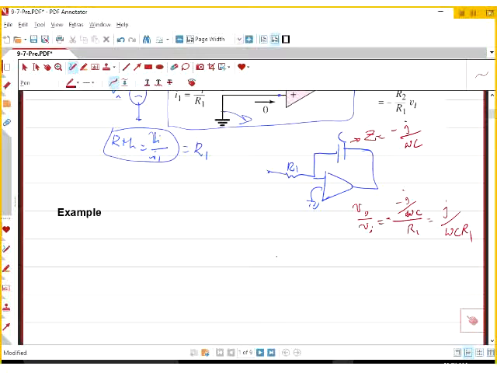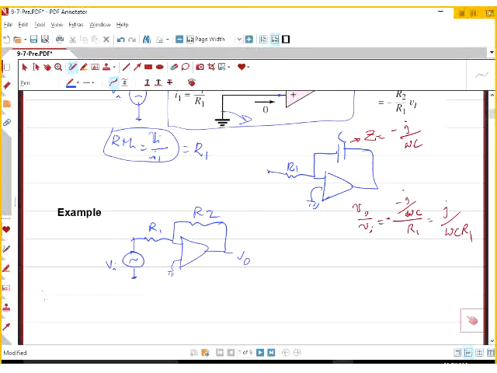Okay, if you don't have a question, help me solve this problem. Grab your calculator, write down the problem, and this problem helps you do the first project. Let's say I have input VI, R1, R2, VO.